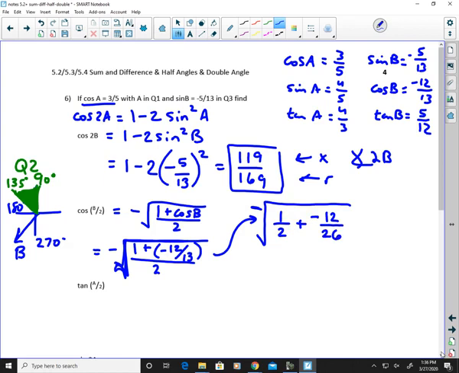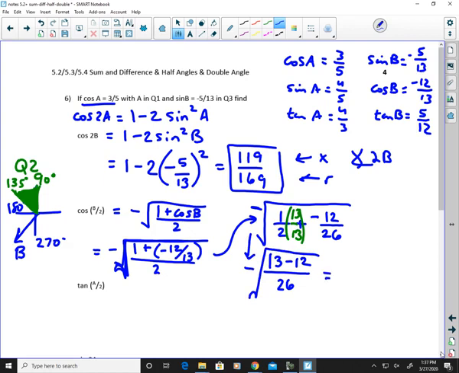Break those fractions apart first, and then once I've done that, I will get a common denominator if I can. Looks like it. So I end up with 13 minus 12 over 26. All of it's under the square root, and all of it needs a minus in front.